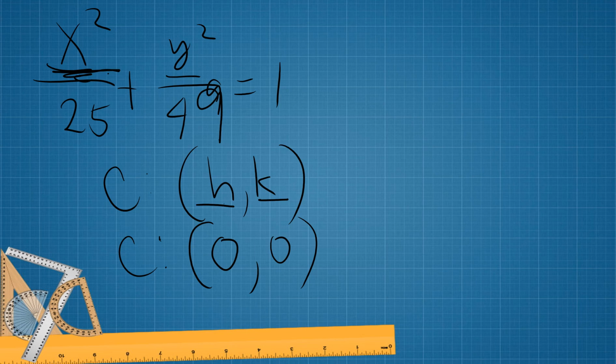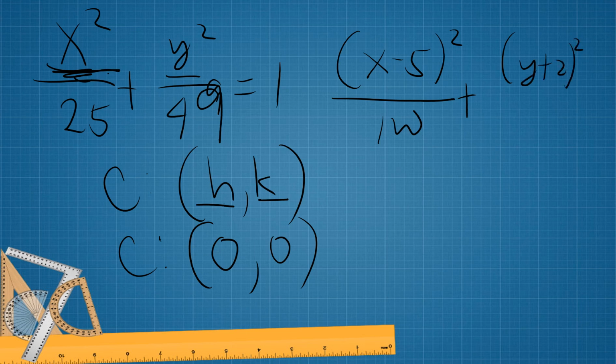Let's try another example. We have x minus 5 quantity squared over 100 plus y plus 2 quantity squared over 49 equals 1. Again, we have the center at (h, k).